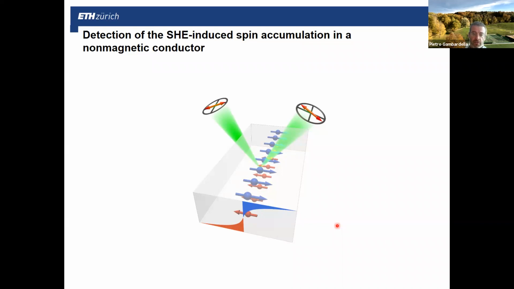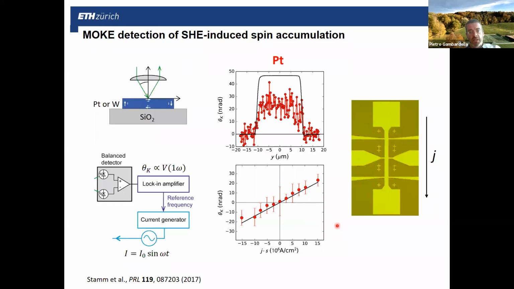You can do the same in a metal system, in principle, but the magneto-optical signal that one expects from such a measurement is orders of magnitude smaller than in a semiconductor. So this can still be done, as I said, and this is something that took several more years with respect to the first detection of the spin Hall effect in semiconductors. And you can see an example of such a measurement here.